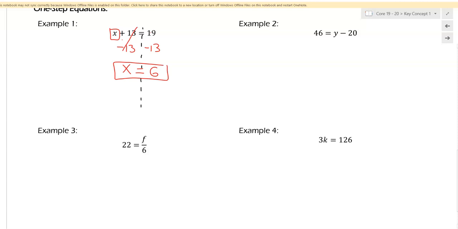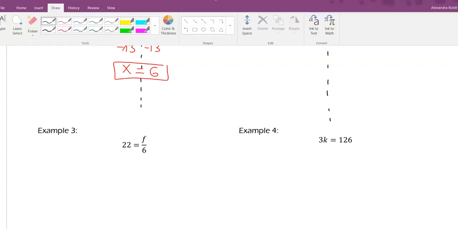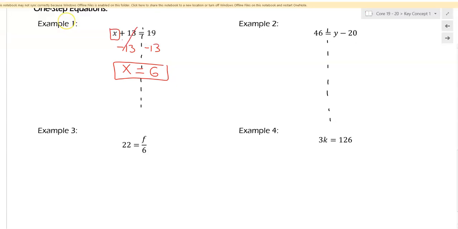Done. Easy enough. Looking at number 2, I'm going to, again, draw that line. 46 equals y minus 20. Here's my variable. Y is on the right side of the equation. So is this minus 20. So I have to get rid of that.